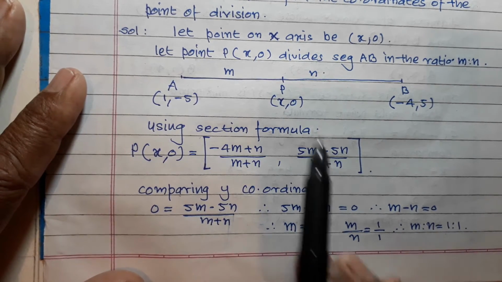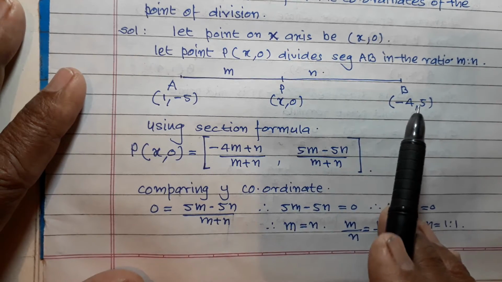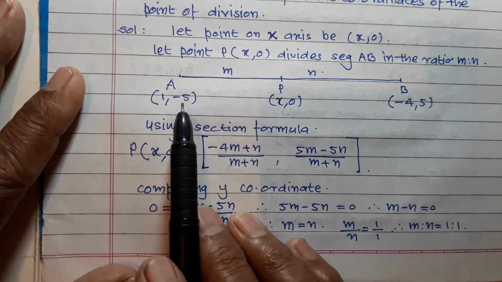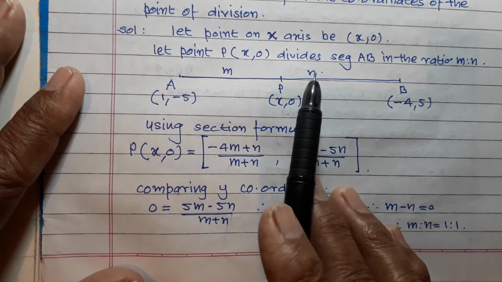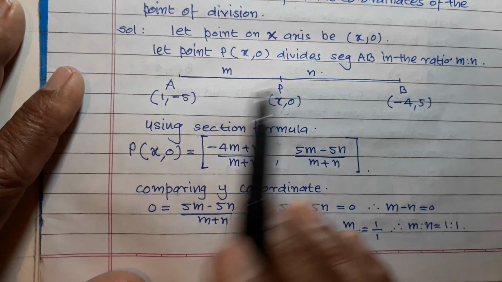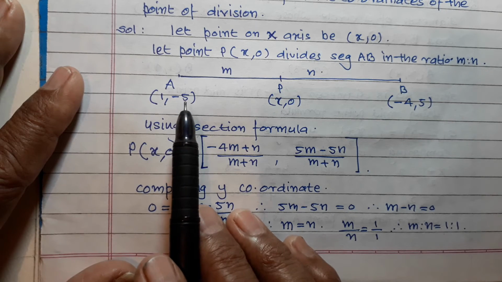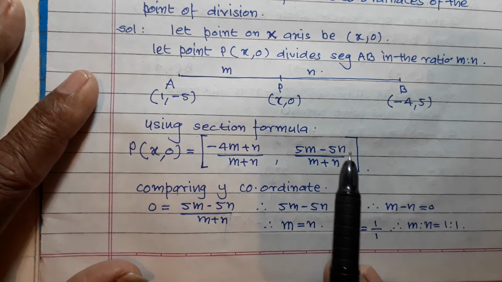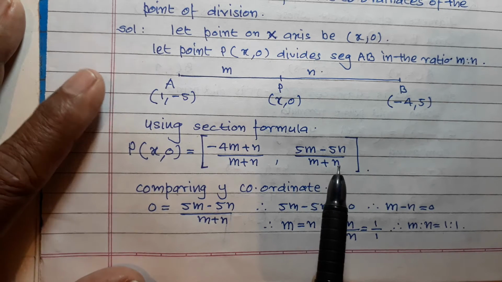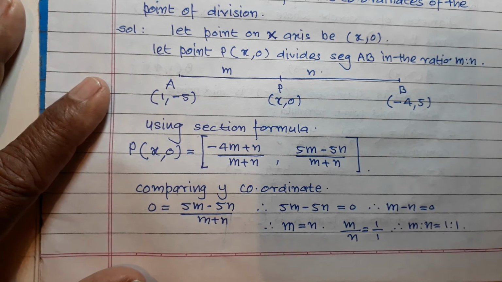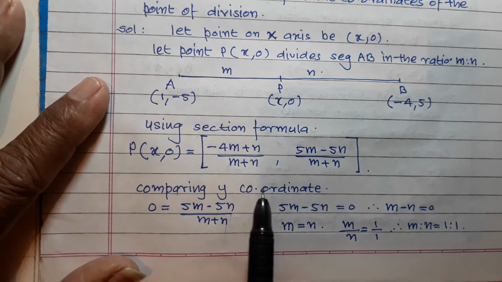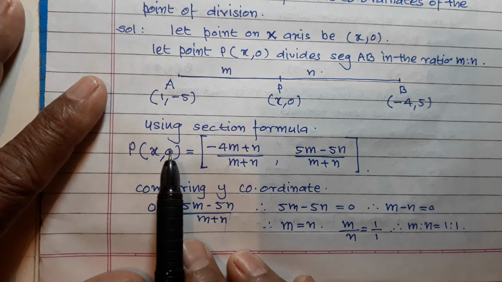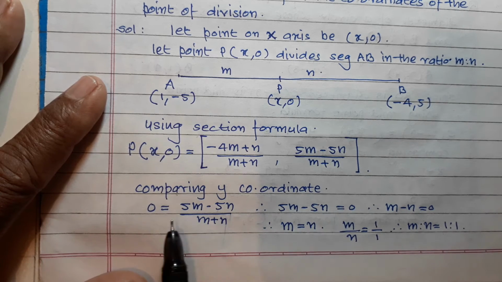And for the y coordinate, m into 5, that is 5m, minus n into, so actually it is plus, so n into minus 5, therefore it becomes minus 5n upon m plus n.